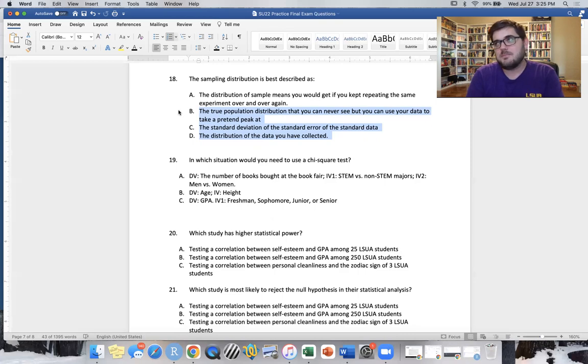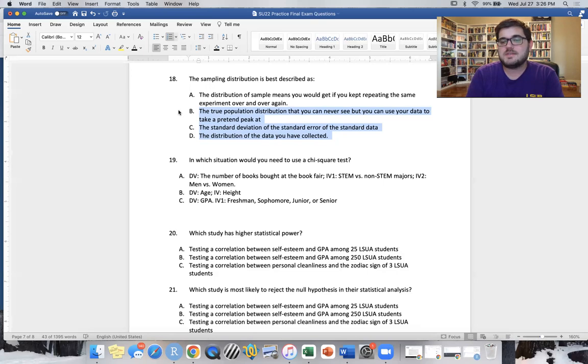It's going to be slightly above 100 or slightly below 100. And if you were to keep doing the same experiment over and over again, you would have a distribution of sample means. Sample means that are close to the population mean would be most common, most likely.